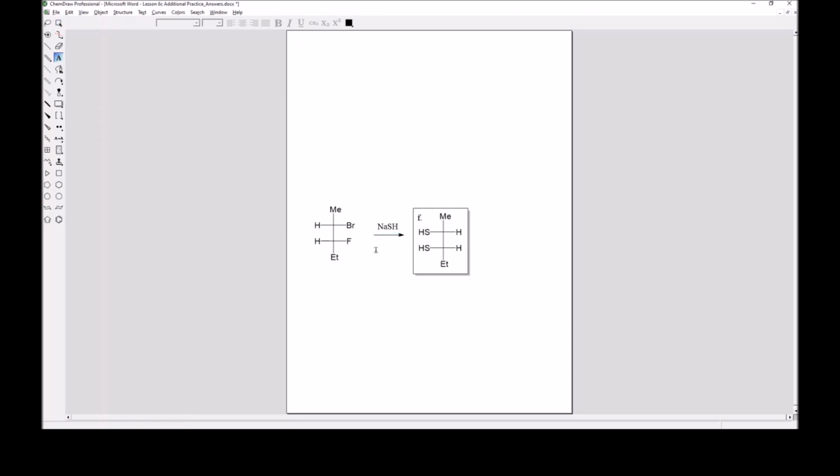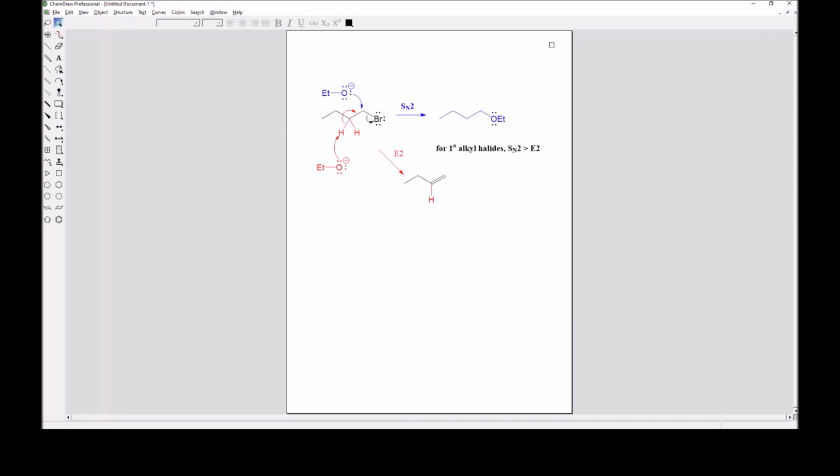So if we change the question to read one equivalent of sodium hydrogen sulfide, then I would expect you to produce an answer where you only replaced the better leaving group and left the worse leaving group untouched. But if it doesn't specify, then the assumption is excess, so we would expect both of these halogens to be replaced. And the bromide would be replaced much, much faster than the fluoride.